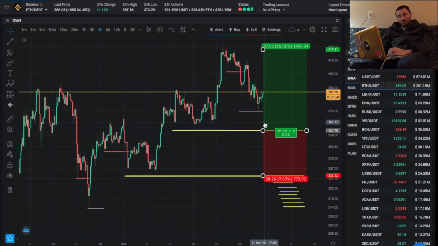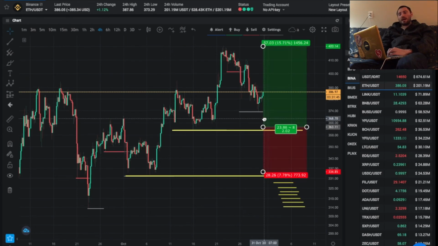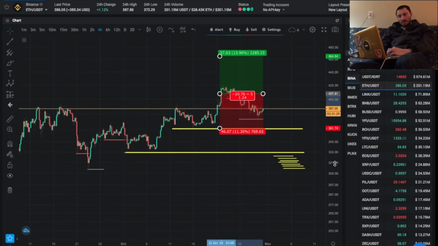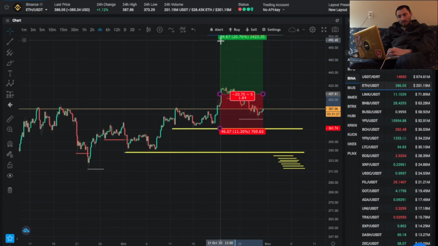In fact, I actually know that right here was a trade setup. This actually was a trade setup. And let's say there's probably going to be a lot of stop losses right here.